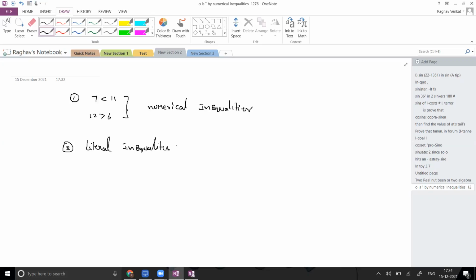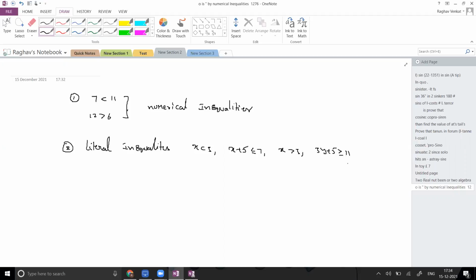Which contains some variables: x less than 3, x plus 5 less than or equal to 7, x greater than 3, your wish. 3y plus 5 greater than or equal to 11. All these are examples of literal inequalities.